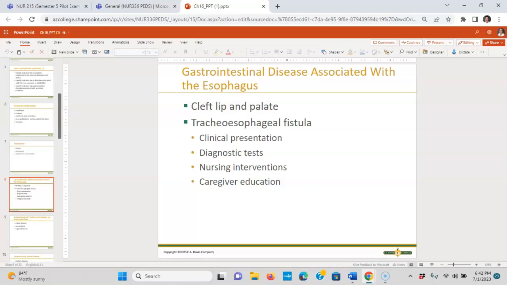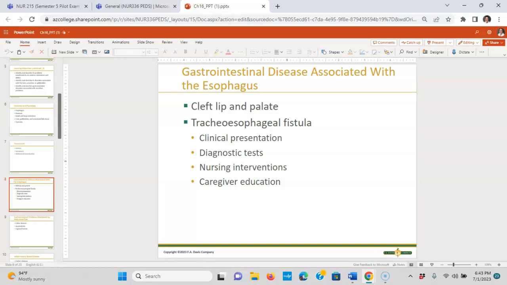So there's 5 types of TEFs. The most common configuration is esophageal atresia with a distal TEF, and the proximal esophagus ends blindly in the upper mediastinum. The distal esophagus is connected to the trachea, the tracheobronchial tree. Second most common is esophageal atresia with no TEF, so it has a small stomach with gasless abdomen.